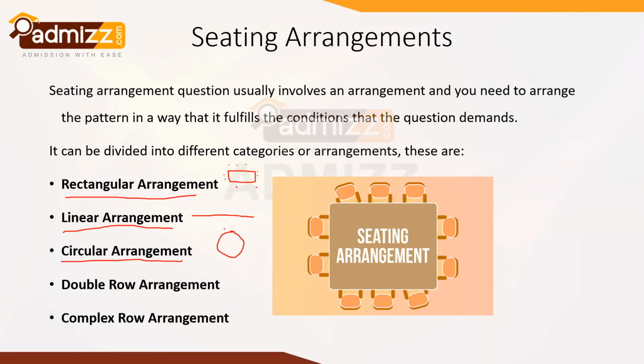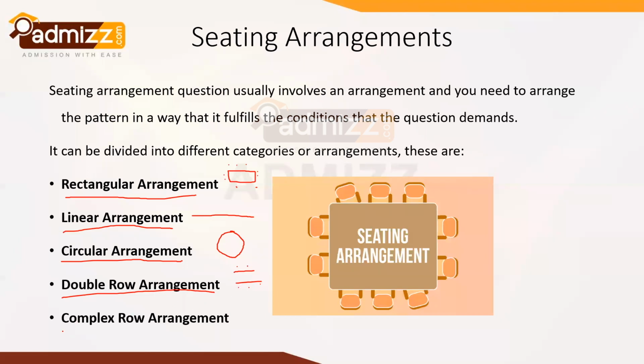For instance, in a circular dining table. It's sort of similar to rectangular arrangement, but in this there are no proper sides. So the concept of side does not exist in circular arrangement. Double row arrangement is when there are two rows and we have to deal with these. Some people will sit in the second row, others will sit in the first row, and things of that nature.